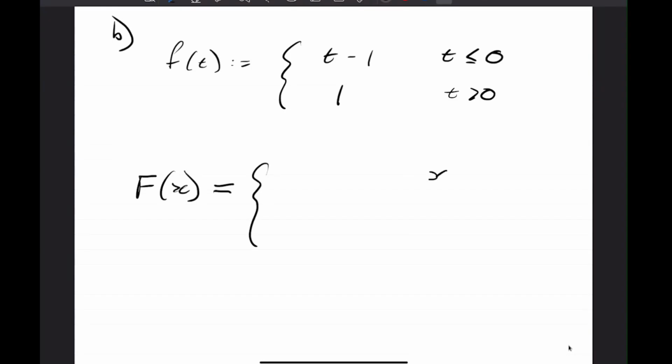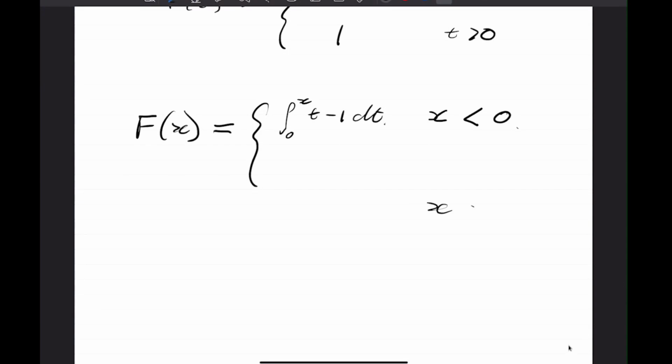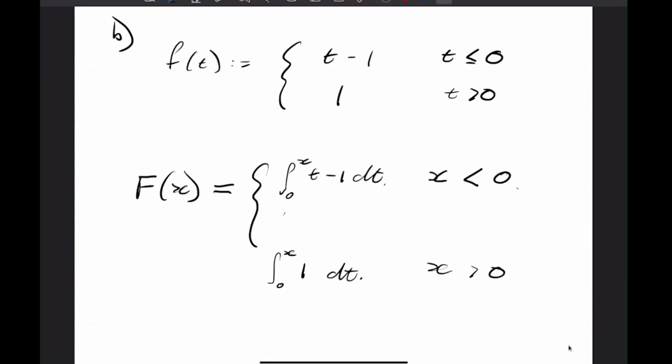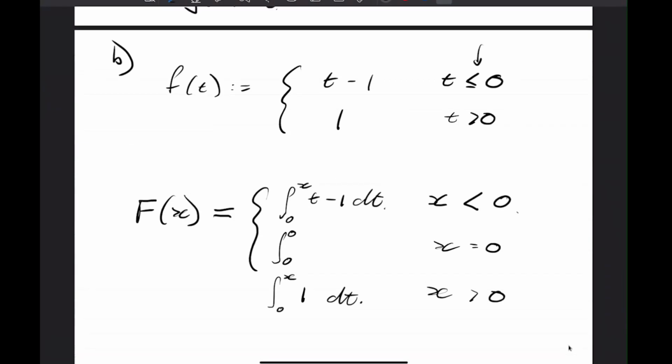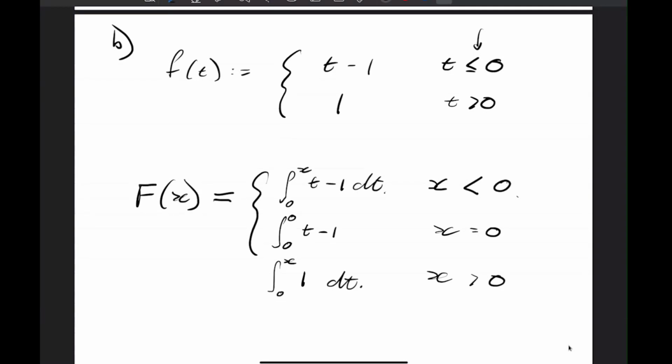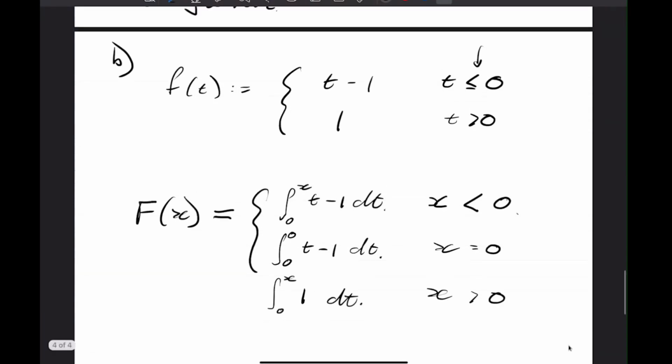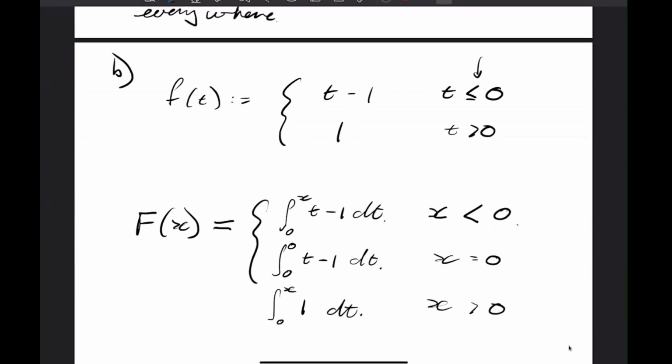Well, when x is strictly less than 0, big F of x is the integral from 0 to x of t minus 1 dt, and when x is greater than 0 it is the integral from 0 to x of 1 dt, and when x is equal to 0, big F of x is the integral from 0 to 0 of t minus 1 dt, but since we are integrating over an interval of 0 width, this case reduces to 0.